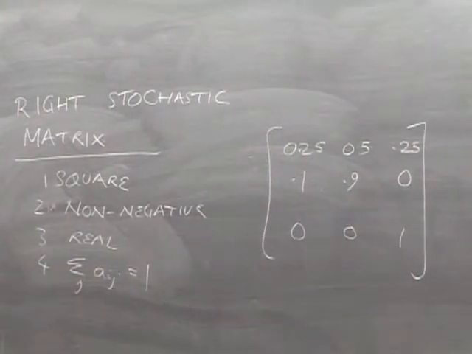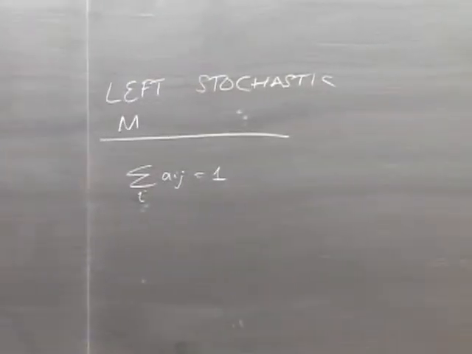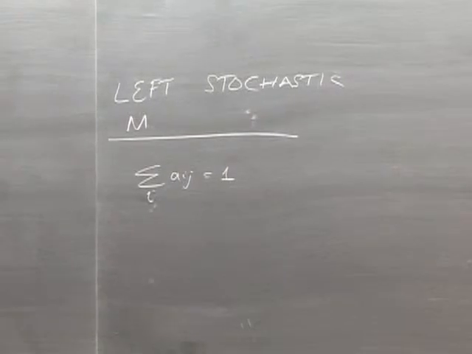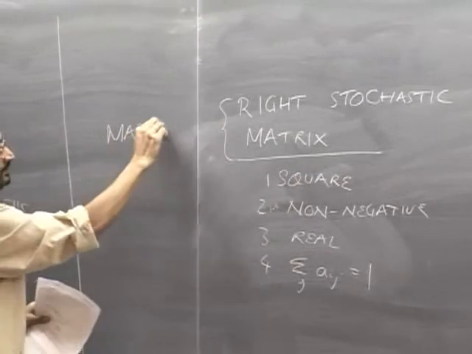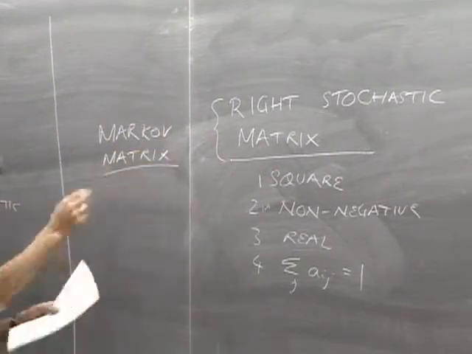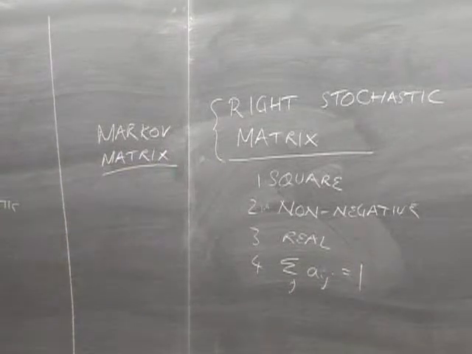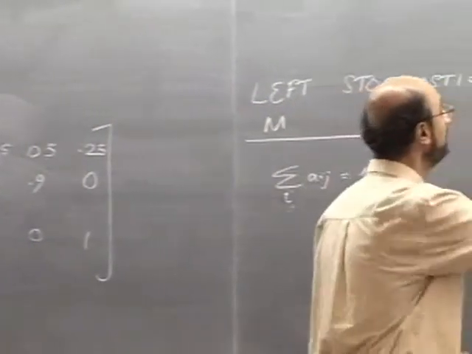And in almost all cases when we say stochastic matrix, we automatically assume it's a right stochastic matrix. A right stochastic matrix is also given another name, it's called a Markov matrix. We'll explain that in just a minute. That's just another name for it. So that's just definition, nothing particularly interesting.